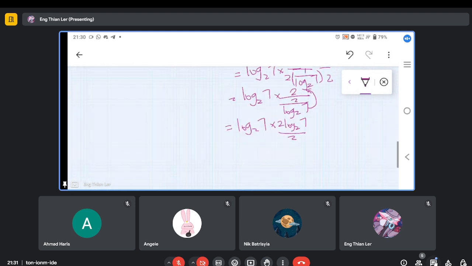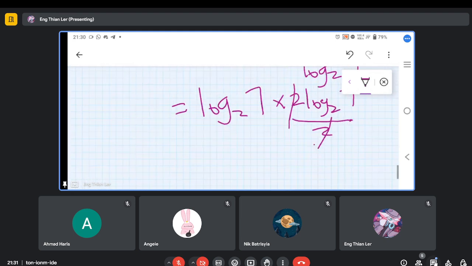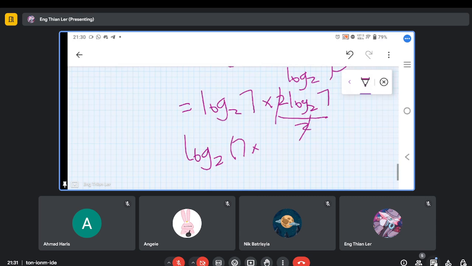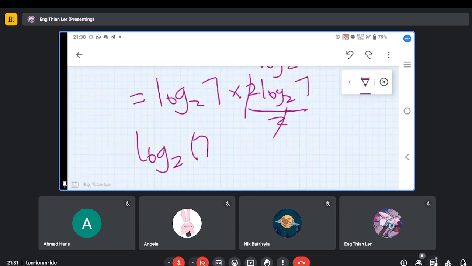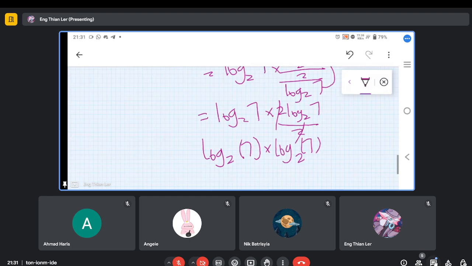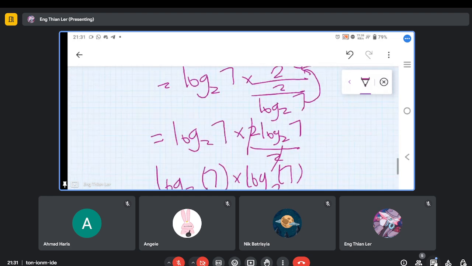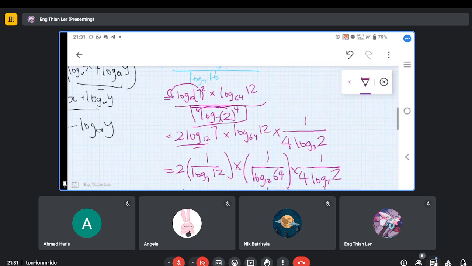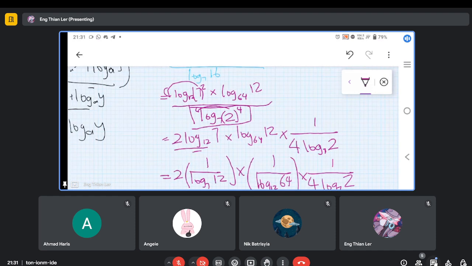You simplify, right? So we just get log 2 7 times log 2 7. Let me check the step first. Actually we overdo a lot of steps already.